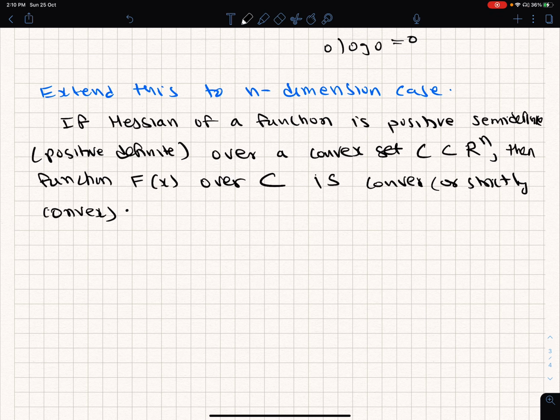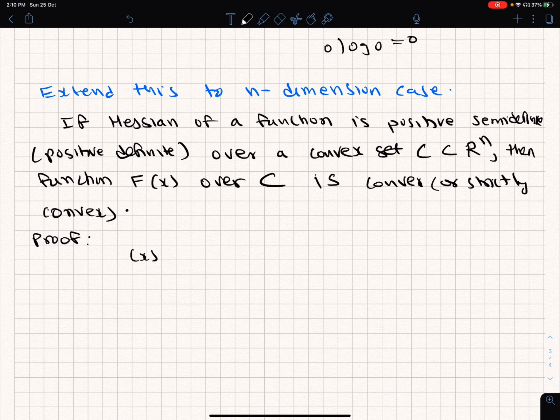What I did for the univariate case, you can easily generalize to the n-dimensional case.